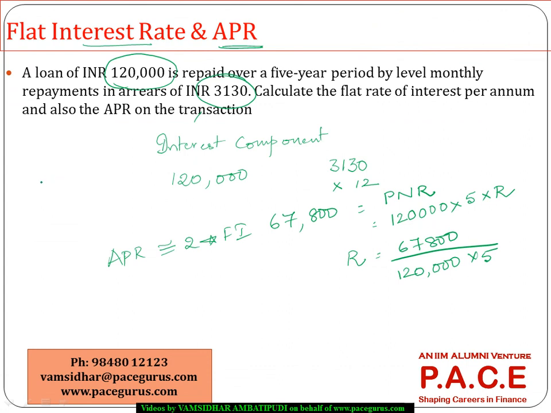So it can very well be taken as 120,000, which is the present value, because this is a level annuity of 3,130 per month, right? 3,130 per month is the level payment. So this into 12 is the annual payment.